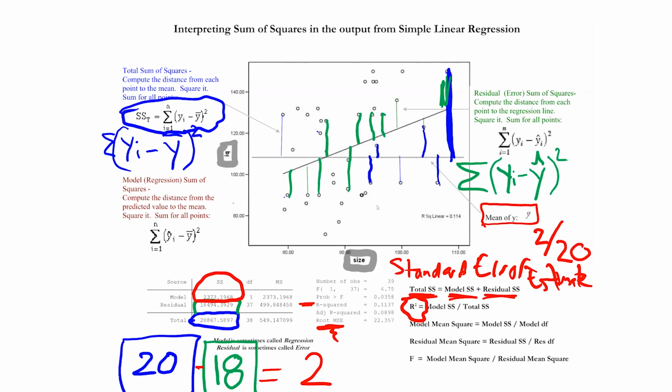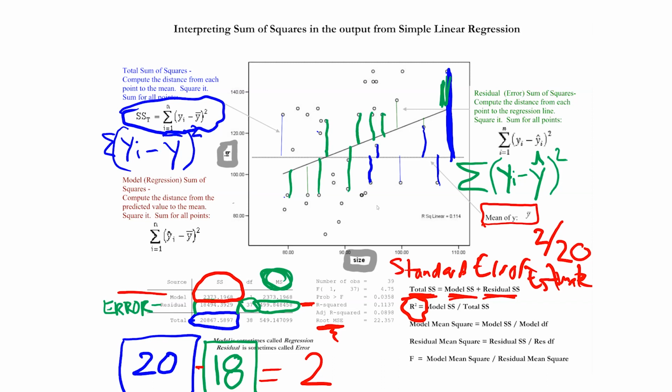And the way we get this, if you look in the bottom table, we have model sum of squares, and then we have this residual sum of squares, which we said is sometimes called the error sum of squares. So in total, the points we said are about 18,000 green inks away from the line. And how many points do we have? Well, roughly, we have about 37 points. 18,000 divided by 37 would mean, on the average, these points are about 500 away from the line.